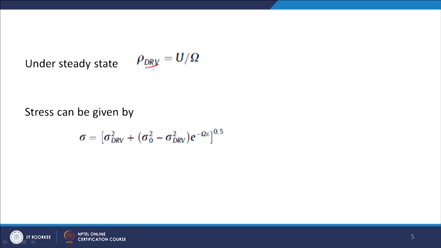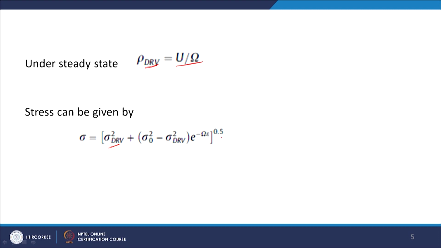So, under a steady state, the dynamic recovery dislocation density is dependent only on these two terms u and omega, and stress can be given by an equation like this, which is sigma squared drV. I will tell you what we mean by sigma drV and so on.